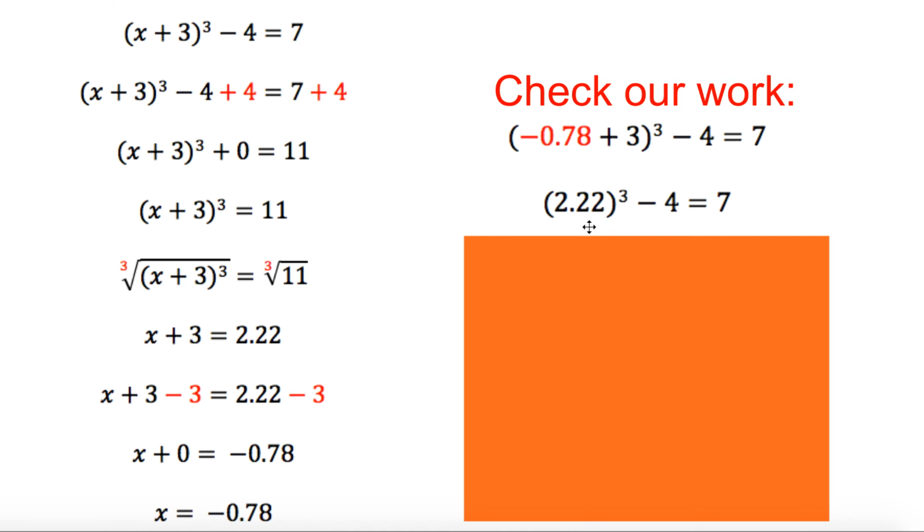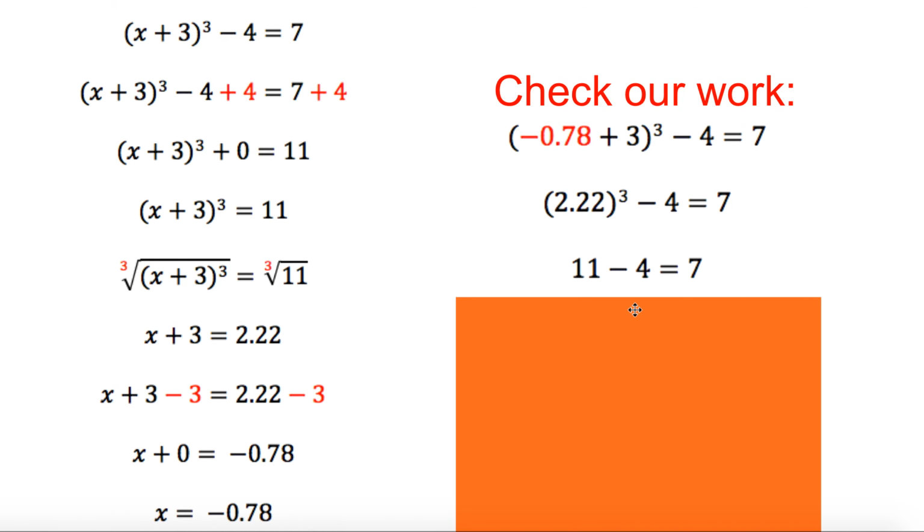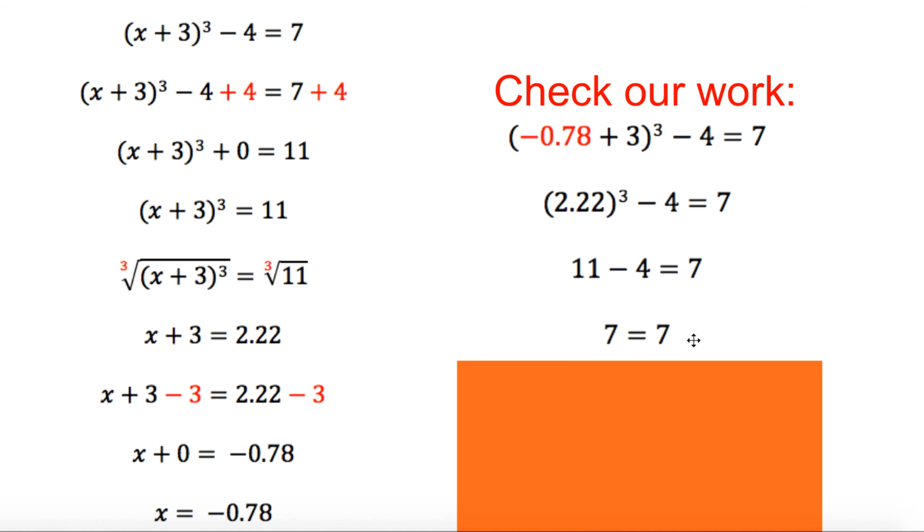Next, we're going to use our exponents, so we're going to take 2.22 to the third power, and if we do that on our calculator, we know it's 11. So now we're going to finish here with our subtraction. We have 11 minus 4, and we want to see if that's equal to 7, and we know it is, and so this is our solution. So here we can use our different properties to even solve complex equations rather than just our basic ones.